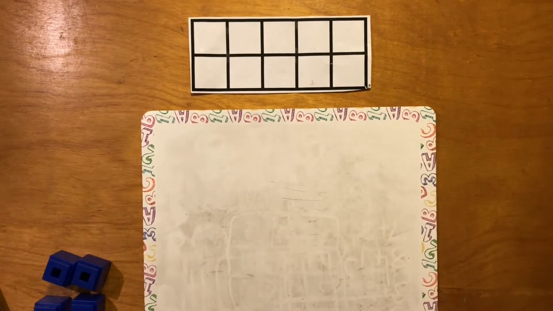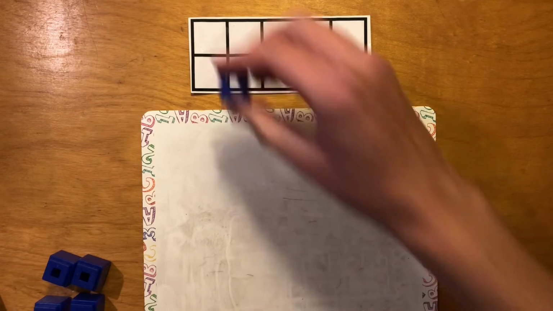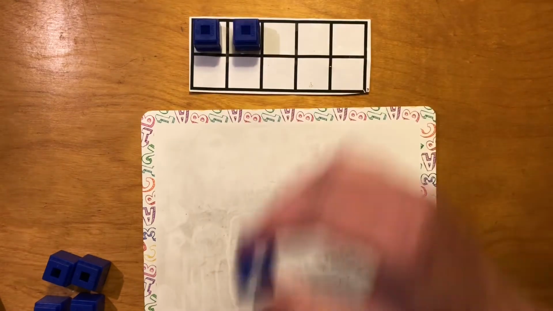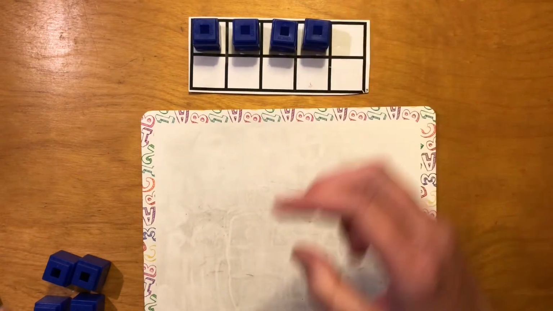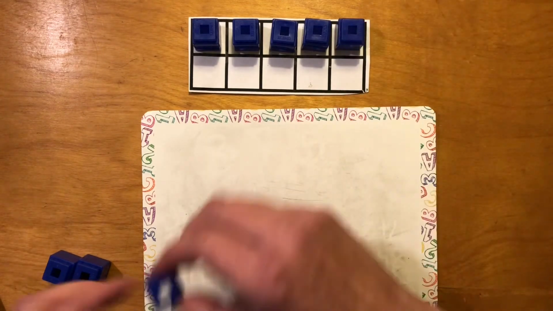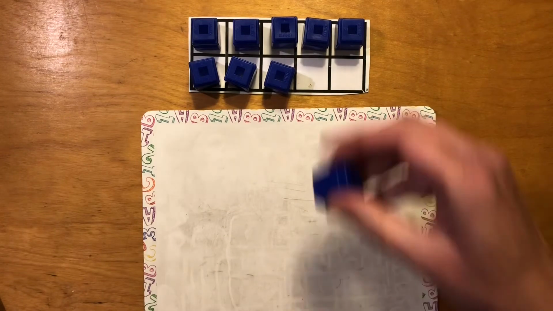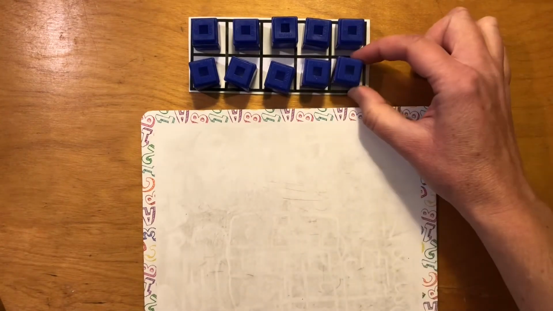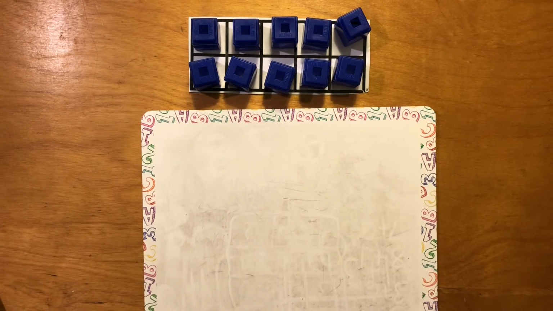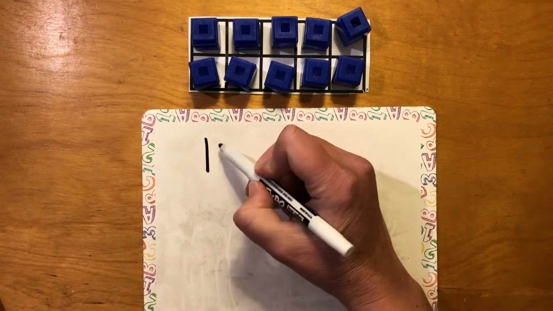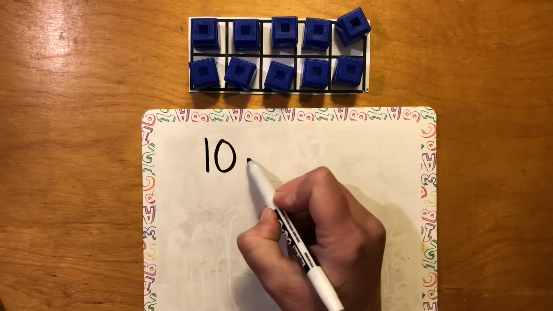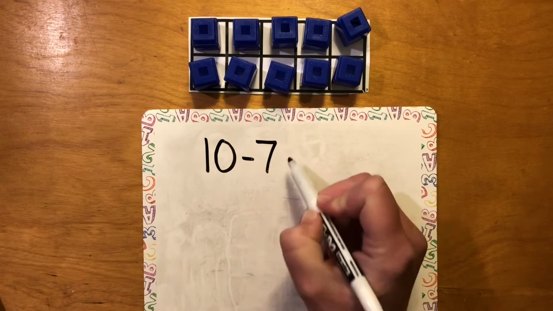Last one, build 10. It's a 10 frame, so everything's going to be covered. 5 on the top and 5 on the bottom. We're going to start with 10. And we're going to take away 7. So take away 7.